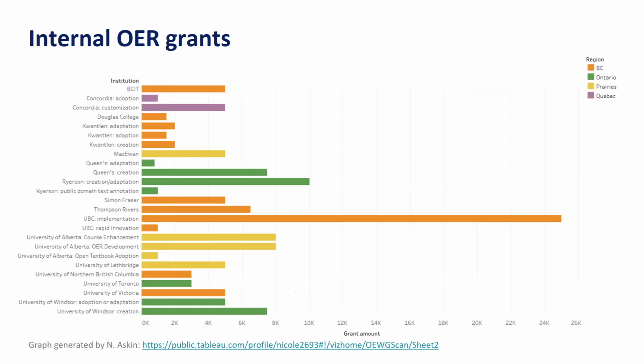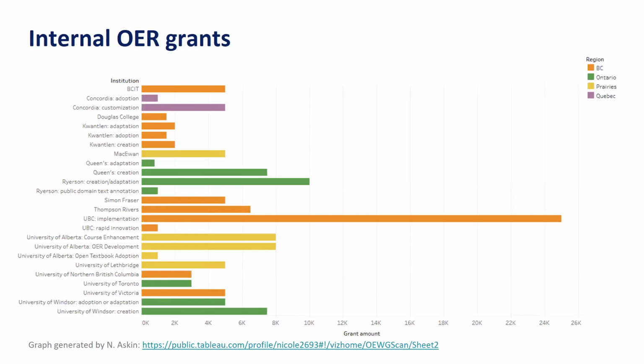Of the institutions that we looked at, a number of them offer internal OER grants to encourage the adoption, adaptation, or creation of OER. We found that 19 institutions offer these types of grants, and that's based on those confirmed at the time of the environmental scan. We know of at least 2 more that are in the works.